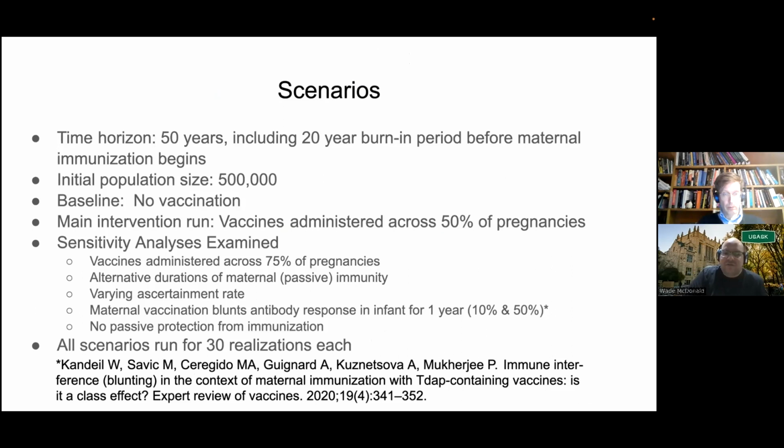The main intervention was maternal immunization administered across 50% of pregnancies. A number of sensitivity analyses were examined, including different rates of maternal vaccination, alternative durations of immunity, varying ascertainment rates, blunting, and no passive protection from immunization. All scenarios were run for 30 realizations.